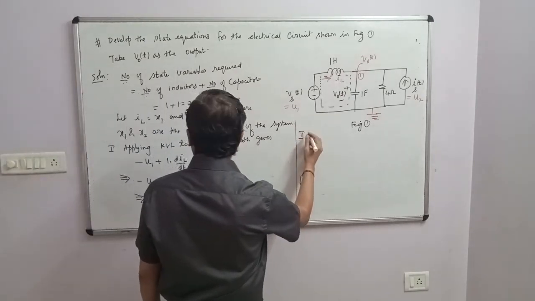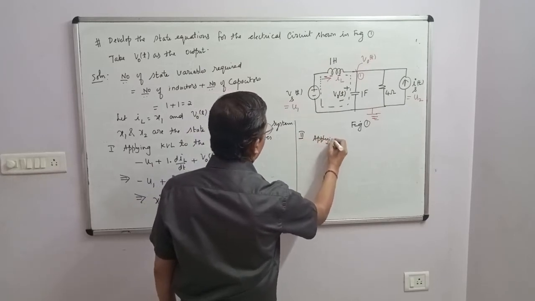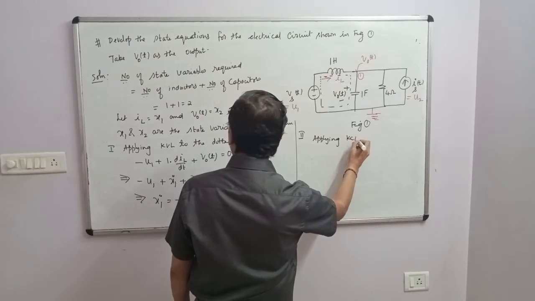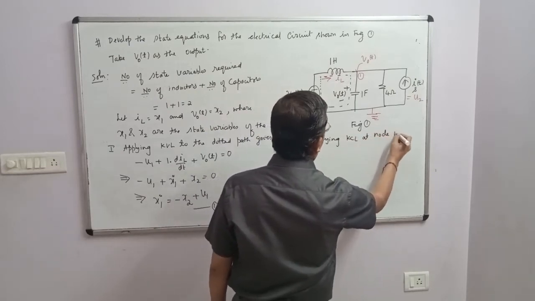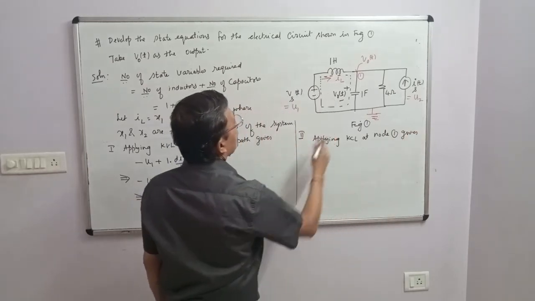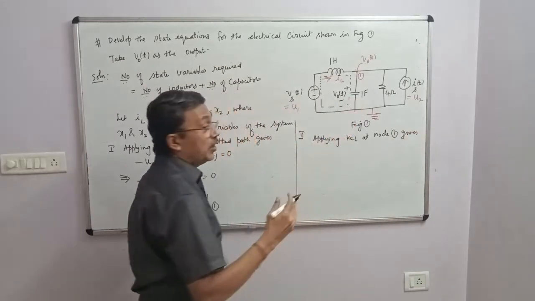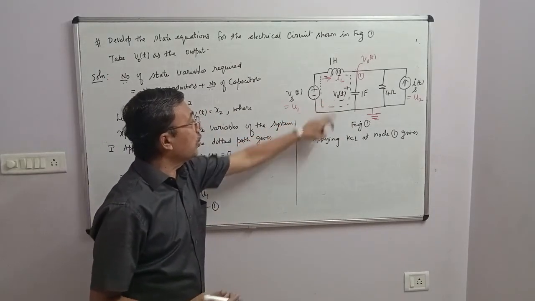Second step, applying KCL at node 1. Applying KCL at node 1 gives current to the capacitor is C into dV by dt. C is 1 farad, and V is V naught of t.